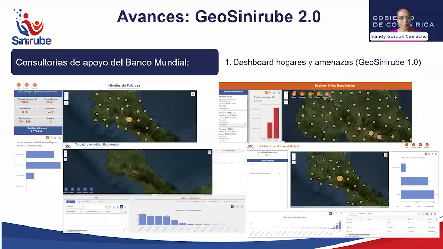Now, if we move on to the next slide, what we did was to think about clusters, thanks to the support of the World Bank. All these resources, because we thought about this, we wanted this, but without the resources to create this, it would have been very complex and it would have taken us many years. So the World Bank is a very important pillar for Costa Rica for the building of this platform.